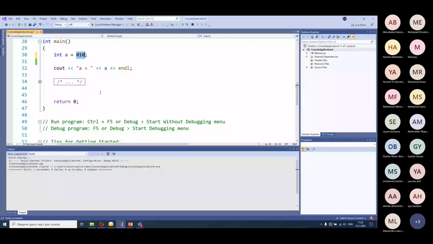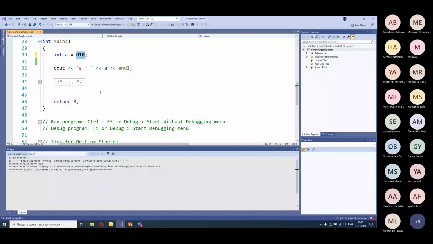Who can guess what we will see on the screen now, if this number is considered an octal number with radix 8? No ideas?